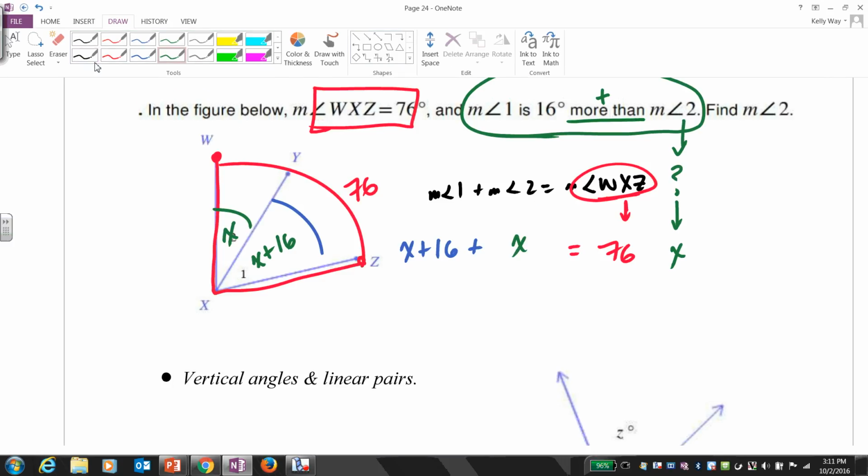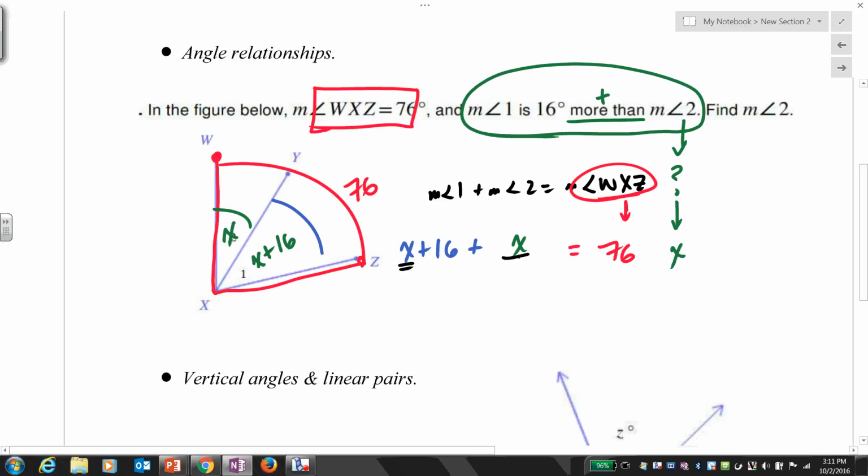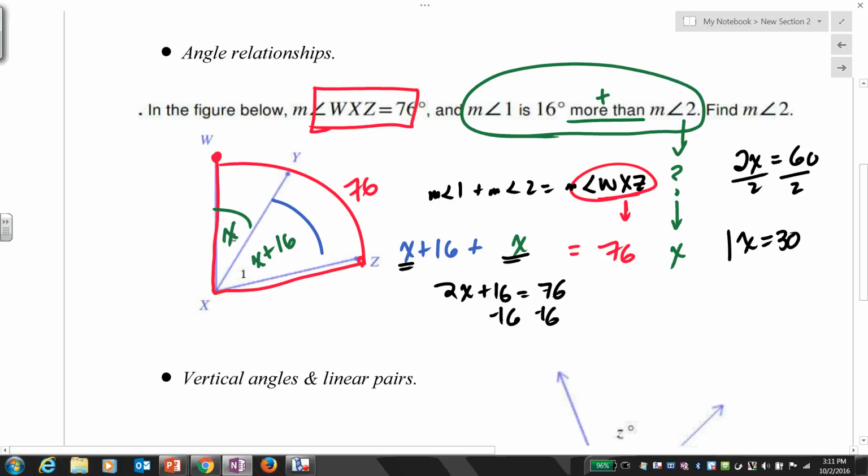And now we solve. Collect like terms. Bring it over here. Okay, now don't get all happy when you solve for x.